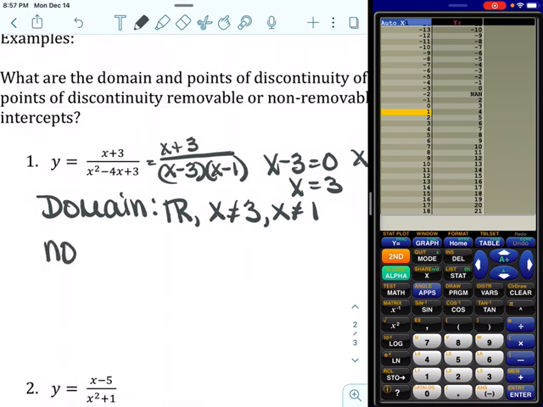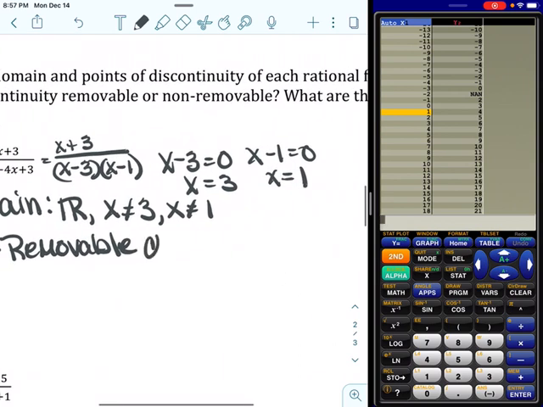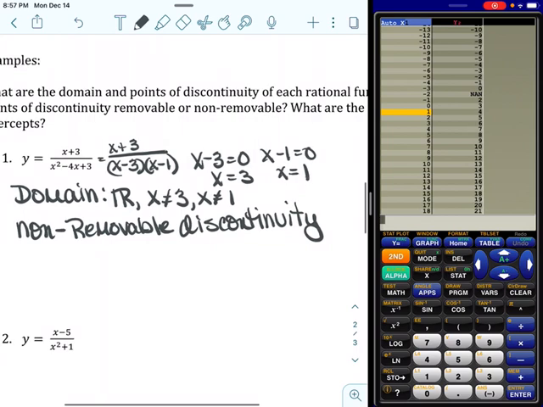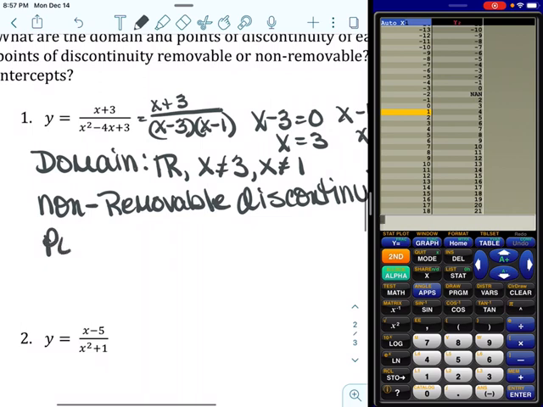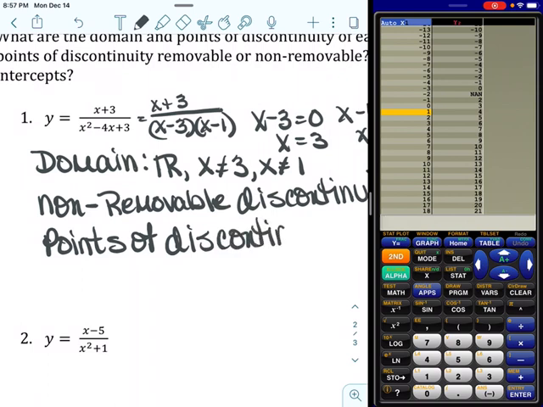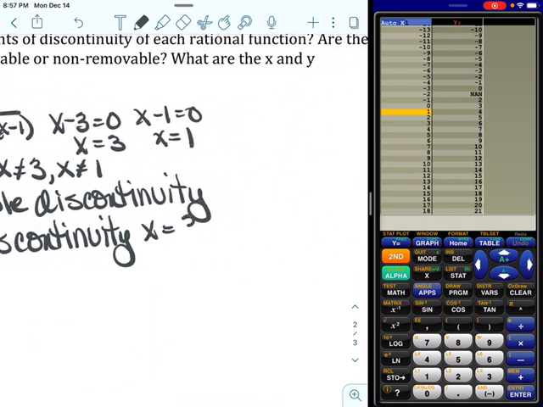It has a non-removable discontinuity because we can't reduce the fraction. Because we can't reduce it, it doesn't have holes. Okay? Now, our points of discontinuity are the same as your domain. So they're x equals 3 and x equals 1.